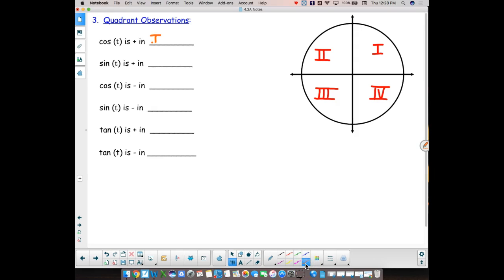Correct. If cosine is positive in 1 and 4, where is cosine negative then? 2 and 3. Okay.